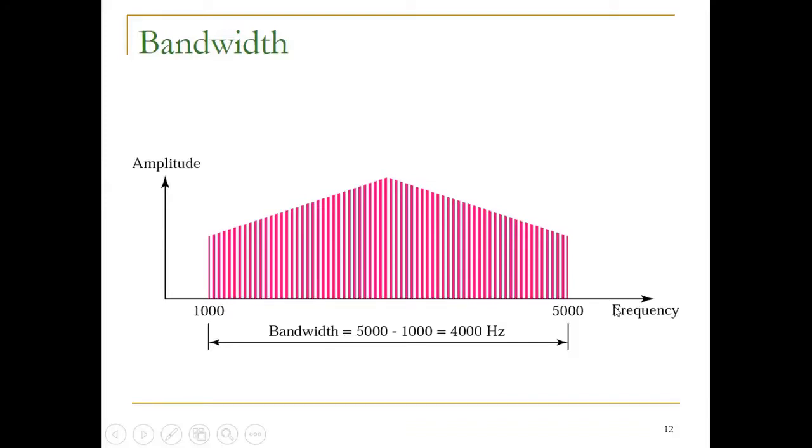So it'll be 5,000 minus 1,000, which will give you 4,000 hertz to represent the bandwidth of this composite signal.